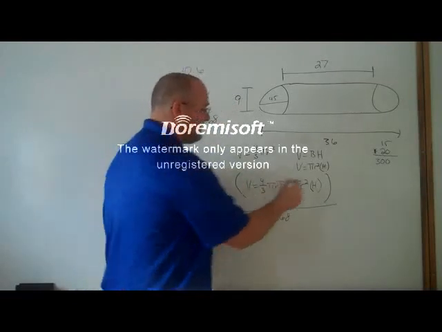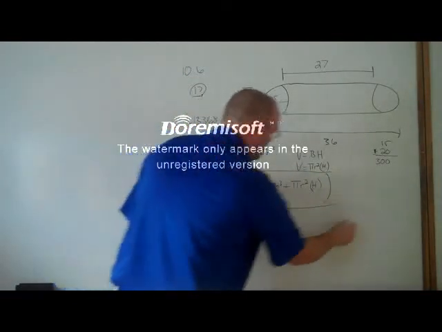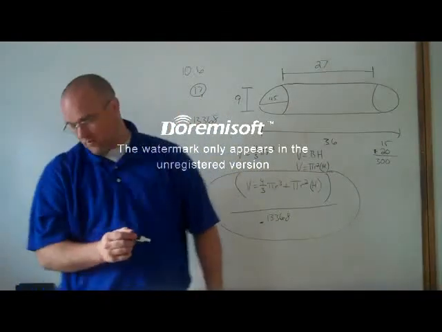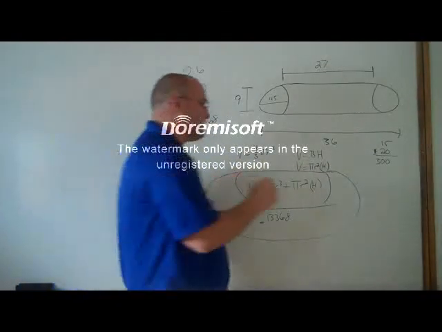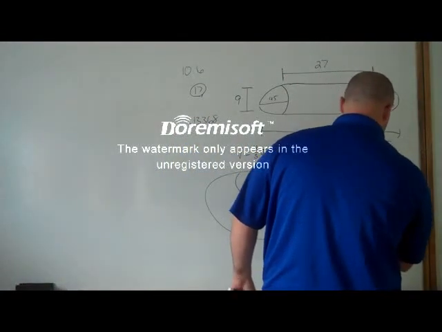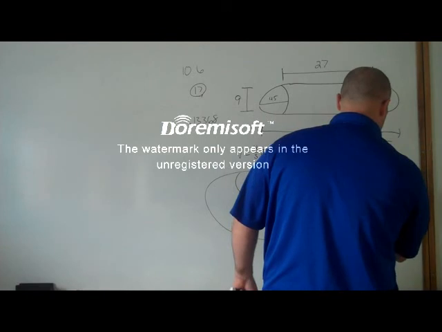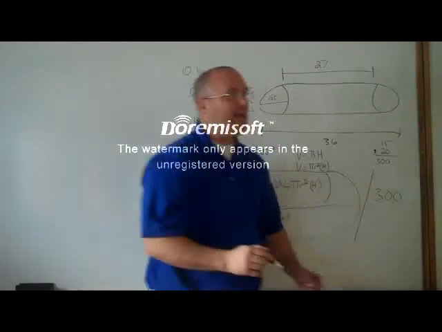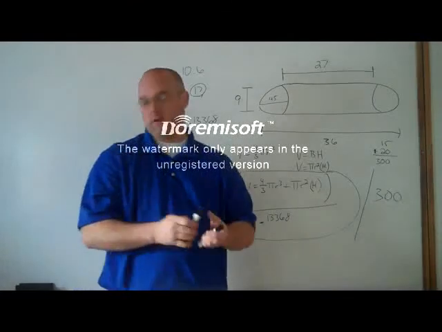So once we find the answer to this piece right here, we're going to divide it by this. And that will give us how many days the tank will last before it's all gone. All right?